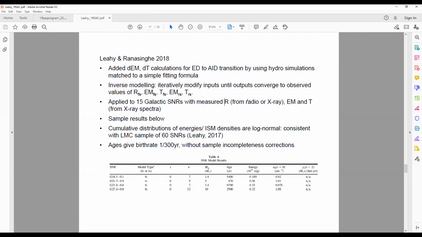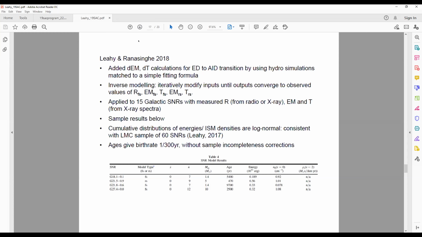Okay, so in this case, we can apply this model to every single remnant, and we require X-ray observations. And we also require that we have a distance, and at that time there were only 15 galactic supernova remnants that had that, well, that we were working with.